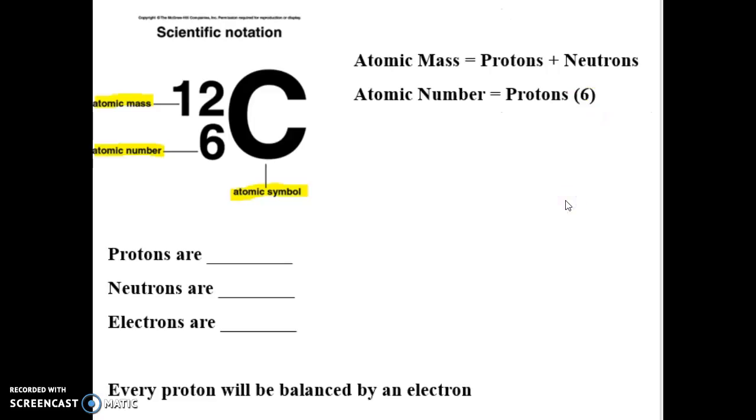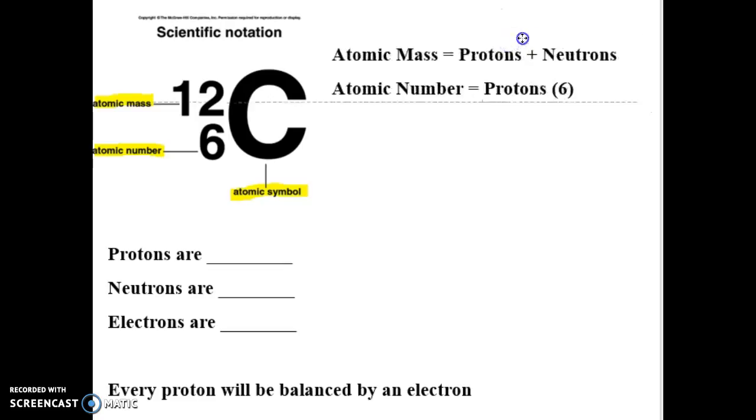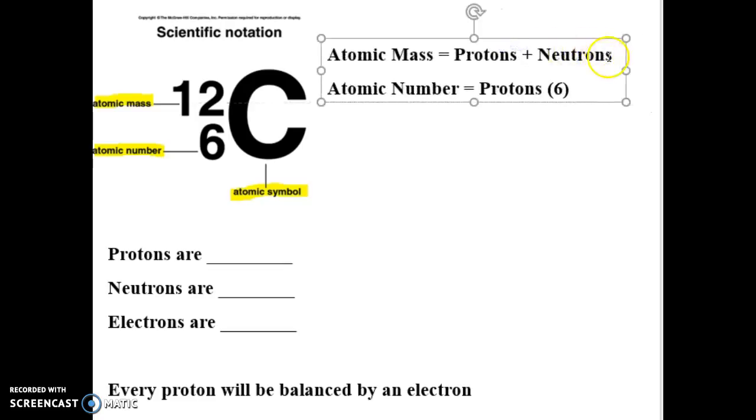Now I'll let you do some quick math. If you have 6 protons and an atomic mass of 12, how many neutrons should we be looking at? Make sure you can do this with any element, whether it's familiar or not. You should be able to figure these numbers out.